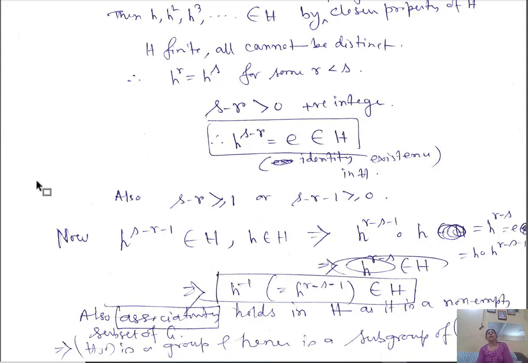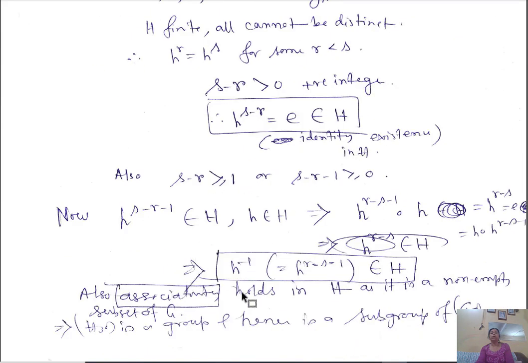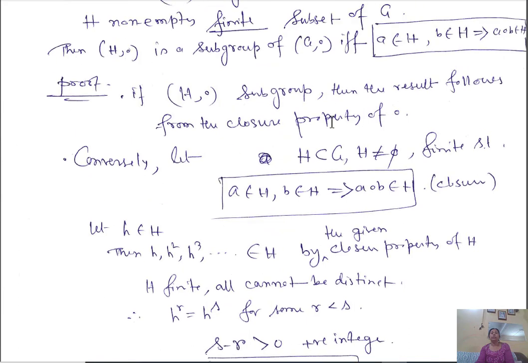So you can say that h to the power s minus r is the identity element, and for h belonging to capital H, h inverse is essentially given by h to the power s minus r minus 1. This also belongs to H. So the inverse of each element exists, the identity exists, the closure property holds, and associativity holds because G is a group and H is a subset.